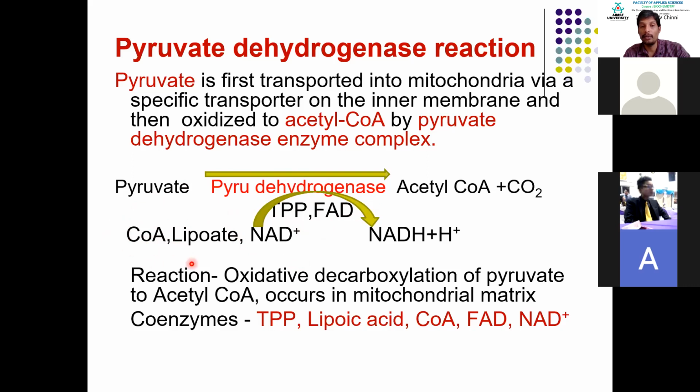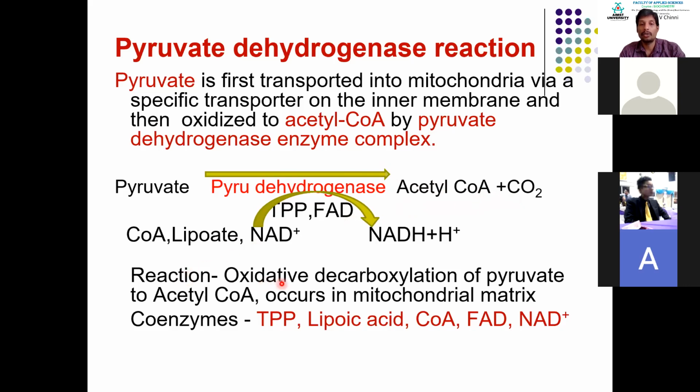So these 5 cofactors or coenzymes are required for the pyruvate dehydrogenase enzyme to convert pyruvate into acetyl coenzyme A, where carbon dioxide will be released. Pyruvate is a 3-carbon molecule, and when it loses 1 carbon in the form of carbon dioxide, the acetyl coenzyme A is a 2-carbon molecule.